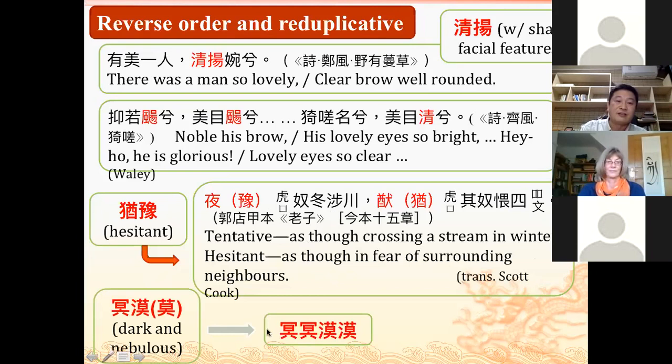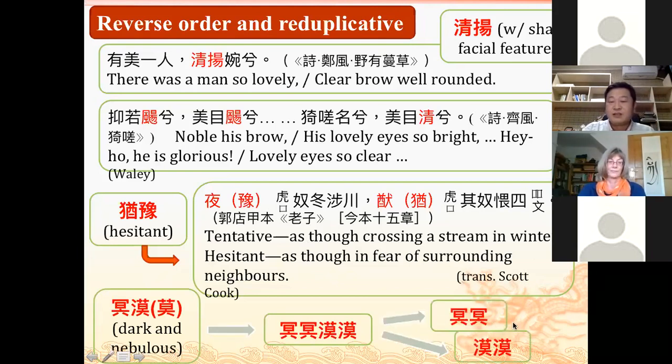And some other terms like 明末, you can even use it as 明明默默, or even simply use 明明 or 默默. All these descended or originated from the original term, but have different forms and can be transformed into other forms.